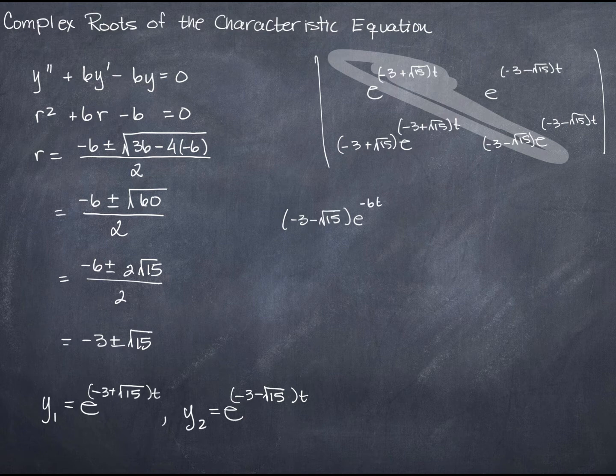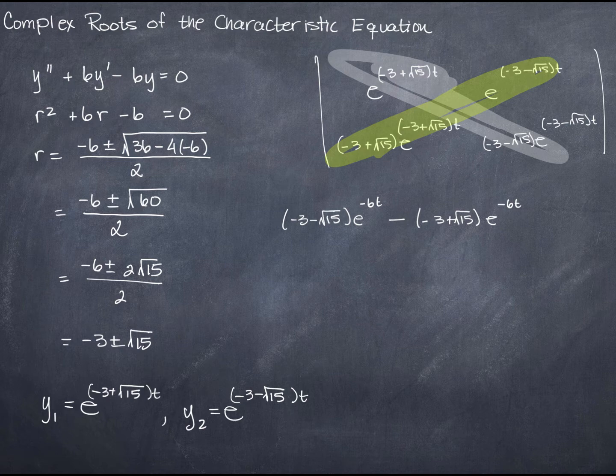And then we're going to subtract this product, and that is negative 3 plus root 15 times e to the negative 6t plus root 15t minus root 15t.